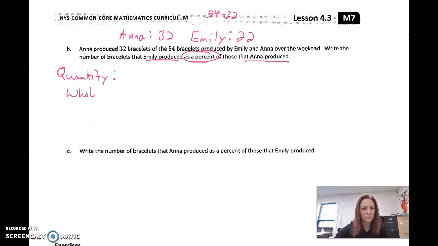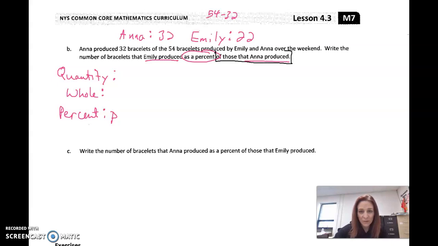Okay, so now we have quantity, whole, percent. First thing we're supposed to find, percent. We don't have a percent, so there it is, P. So now we have to figure out quantity and whole. Well, we want to write the number of bracelets that Emily produced as a percent of those that Anna produced.